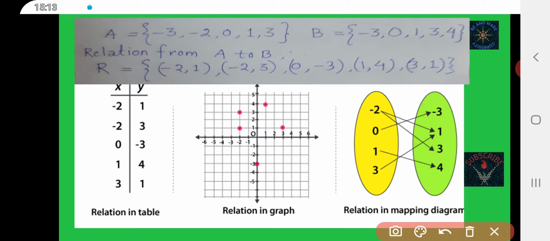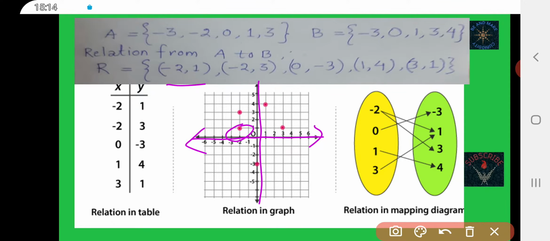Here the relation in a graph. Okay, you take the first component on the x-axis and the second component on the y-axis. Then you plot the points. Here you see (-2, 1), this point.